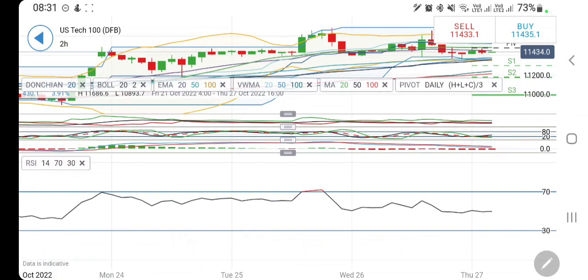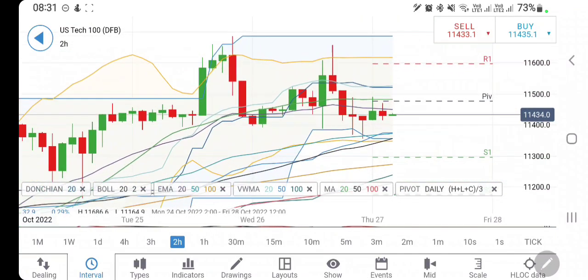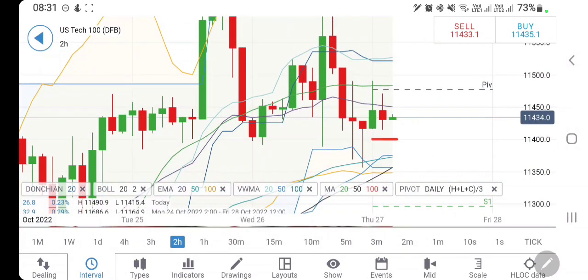And if you look at the 2-hour charts, you will find support there, lower highs there. Yes, the resistance at 11480, 500 is very, very strong. The support at 11420 is very, very strong. I will recommend you to sell at 11400. Below 400, 11350, 300, 250, 200.